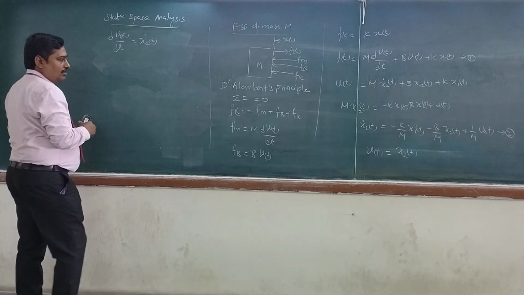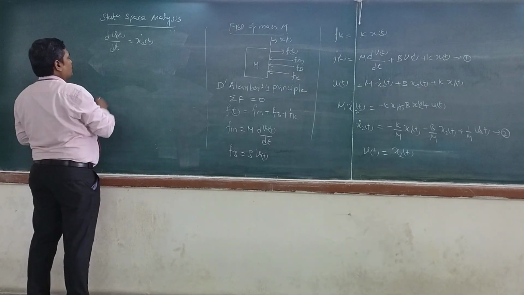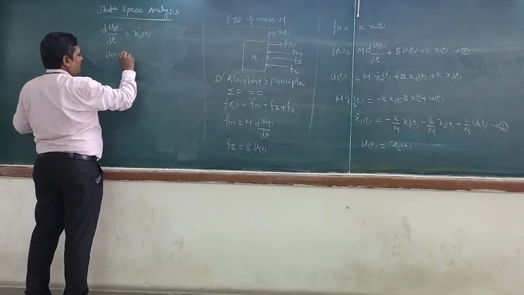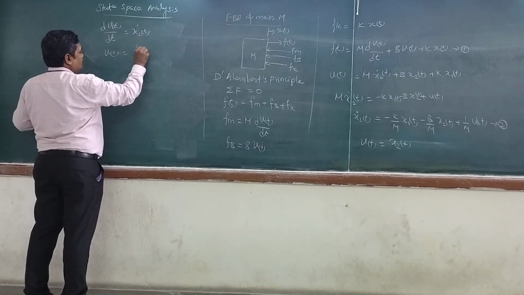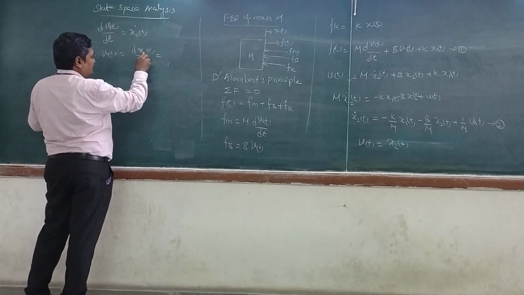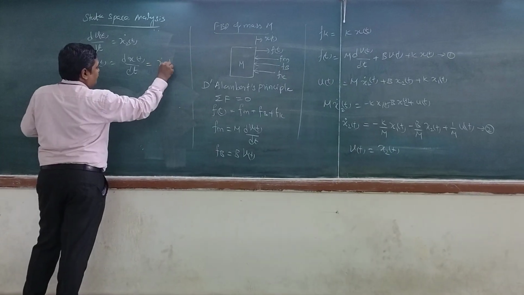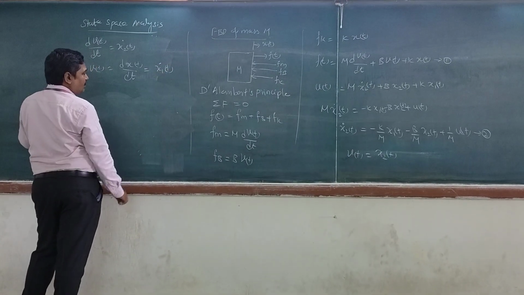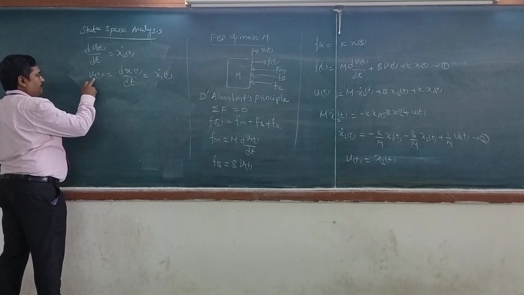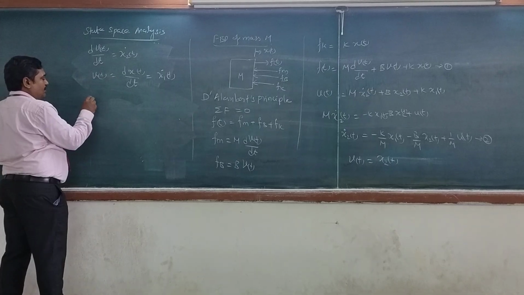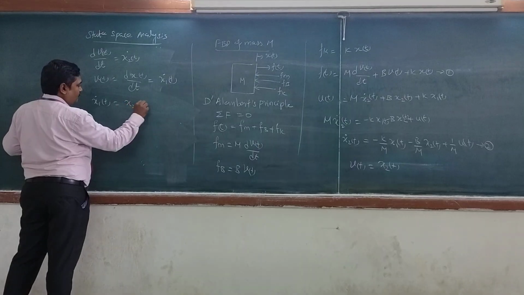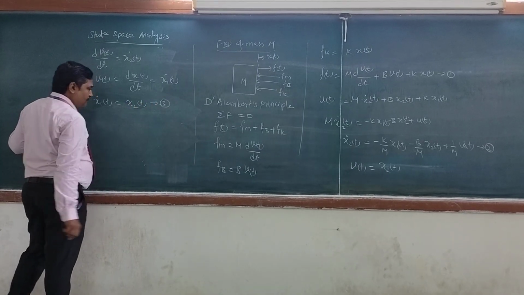Similarly, velocity v of t is the one time derivative of displacement, so dx of t by dt is nothing but x, taken as x1. So x1 dot. And v of t is x2, which we took as another state variable. So x1 dot is equal to x2. So this is equation number 3.